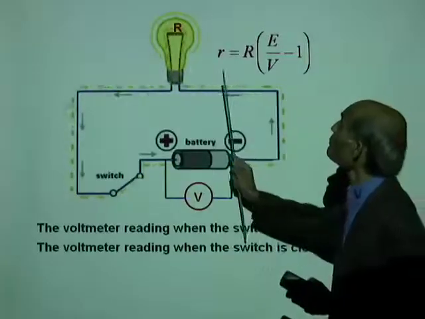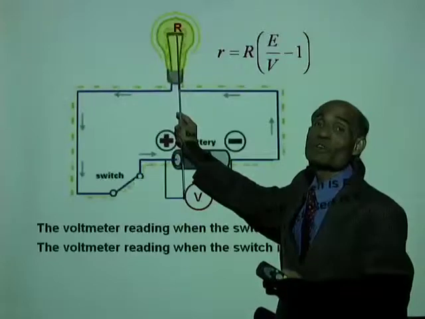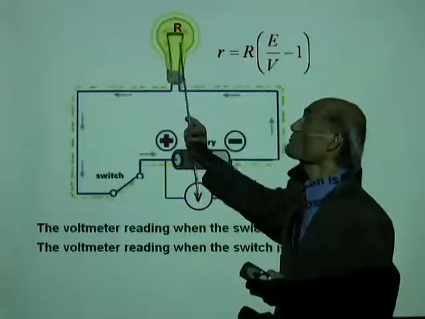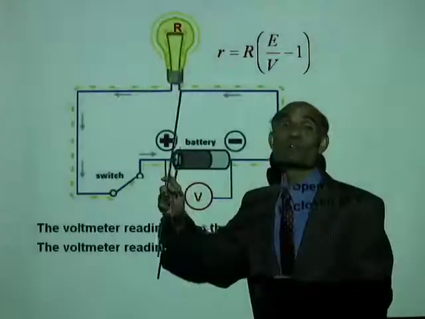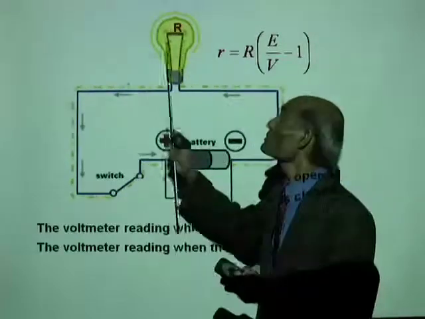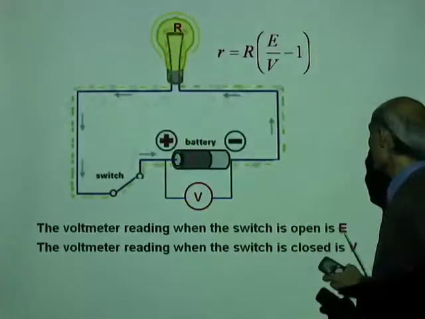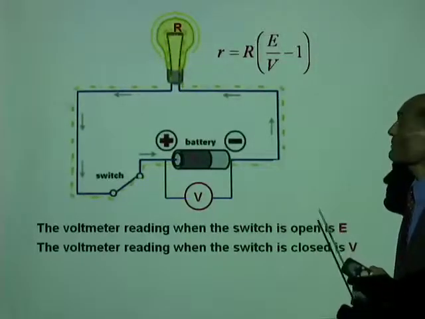And now, if you know the value of this R, when you do it in the lab, in place of the lamp here, we will be using a known resistor. So you know the value of this R. We have measured E, the EMF of the cell.